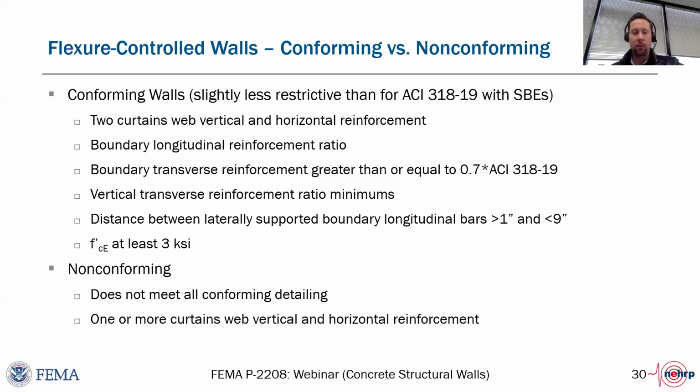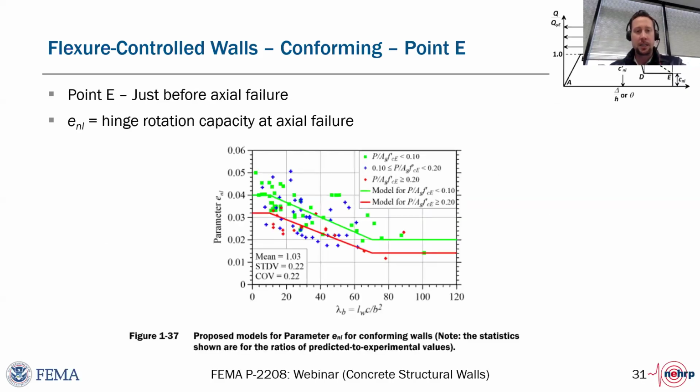This came up in a peer review, not actually one of my projects, but one of my colleagues asked me. One of the requirements on conforming walls is we say it has to be adequately lapped, and I can see the interpretation that was being made on that project, that if you don't have that, then you're non-conforming. Generally speaking, if you don't meet these, you're non-conforming, but I do want to highlight that if you don't have adequate laps, you still have to go back to the broader provisions that govern in section 3.5 or whatever it is in ACI 369.